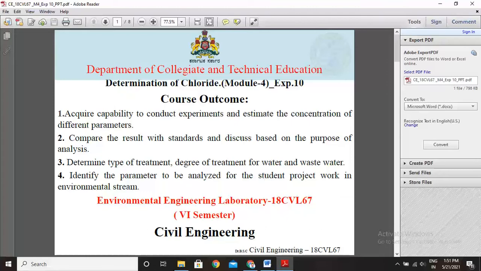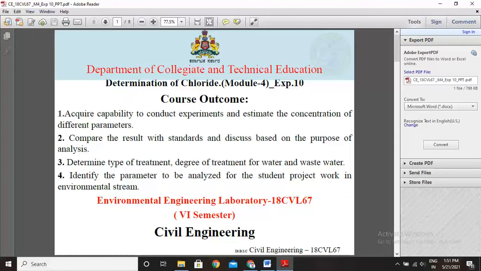Third, determine type of treatment and degree of treatment for water and wastewater. Fourth, identify the parameter to be analyzed for the student project work in environmental stream. So these are the course outcomes.